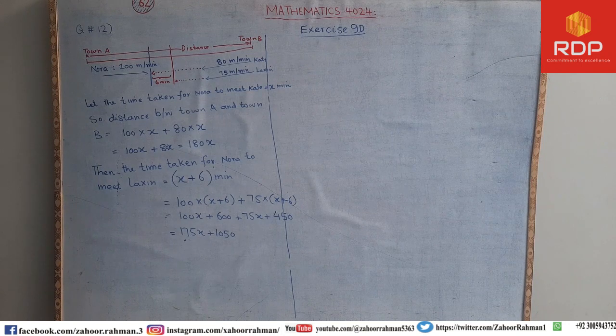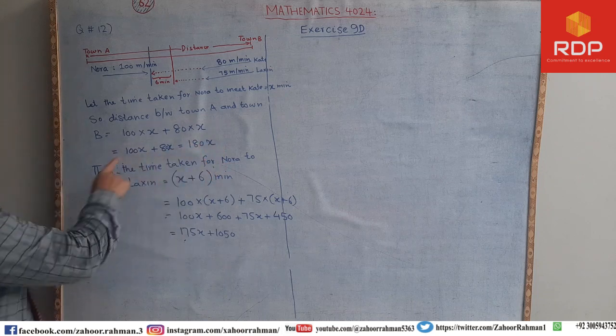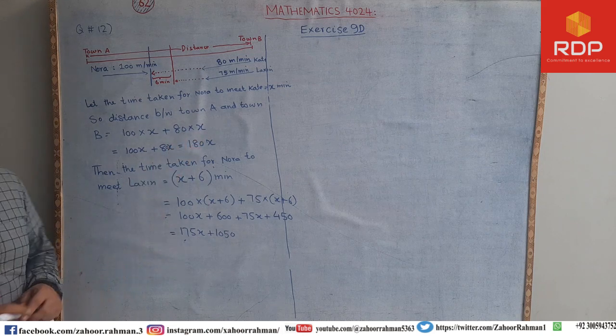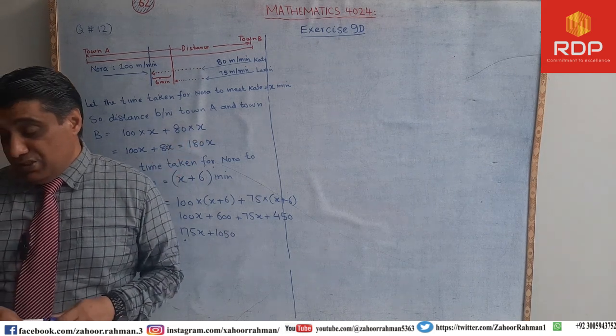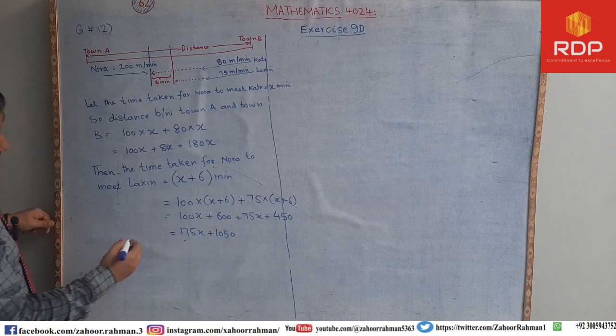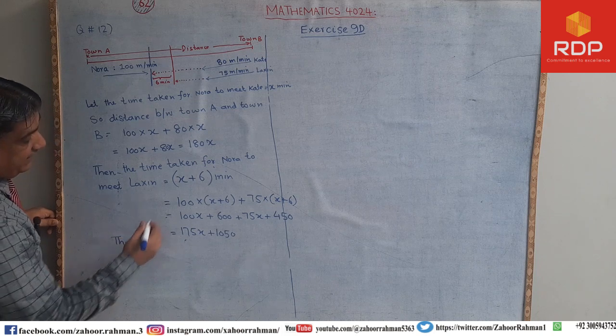We want to find the value of x, and then we will put it in this, for the distance between town A and B. Now comparing these two, we will be able to find the value of x.